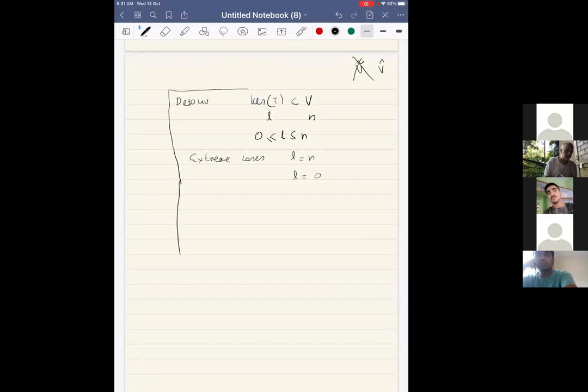So what do these extreme cases mean? L equal to N means kernel of T is equal to V, if and only if T(v) equal to 0 of V. T is the zero map.